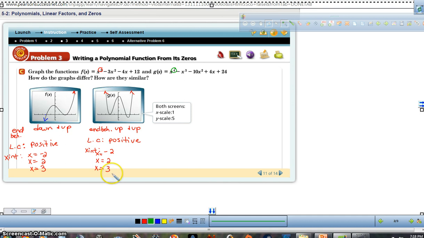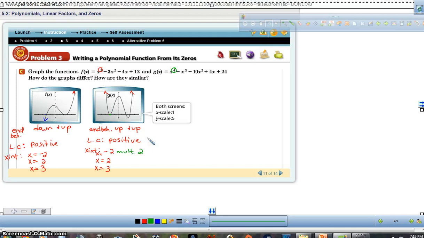Perhaps we have some multiplicities. Let's go back and look at our graphs. Do we have any bounces or inflection points over here? No. Do we have any bounces or inflections here? Yeah, right here. So at -2, it has a multiplicity of 2 because we need one more solution. So it's like x equals -2, x equals -2 again, x equals 2, x equals 3.